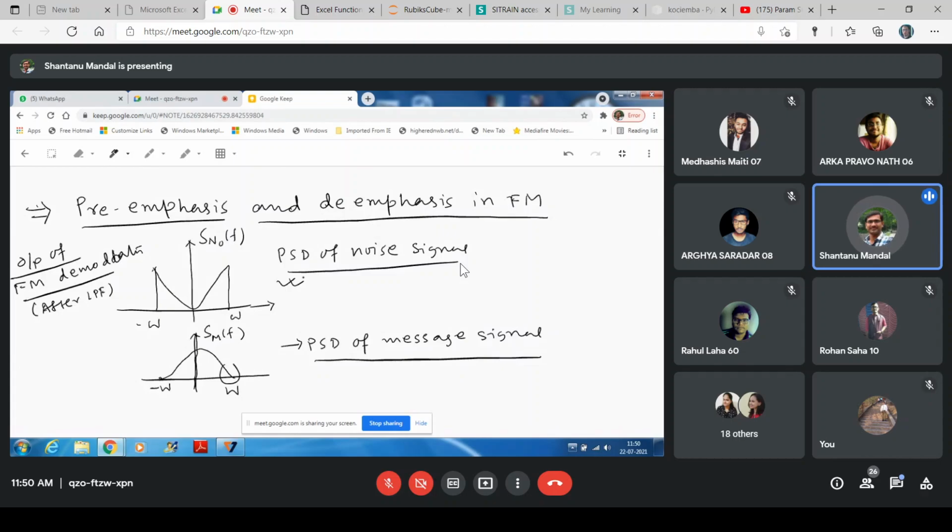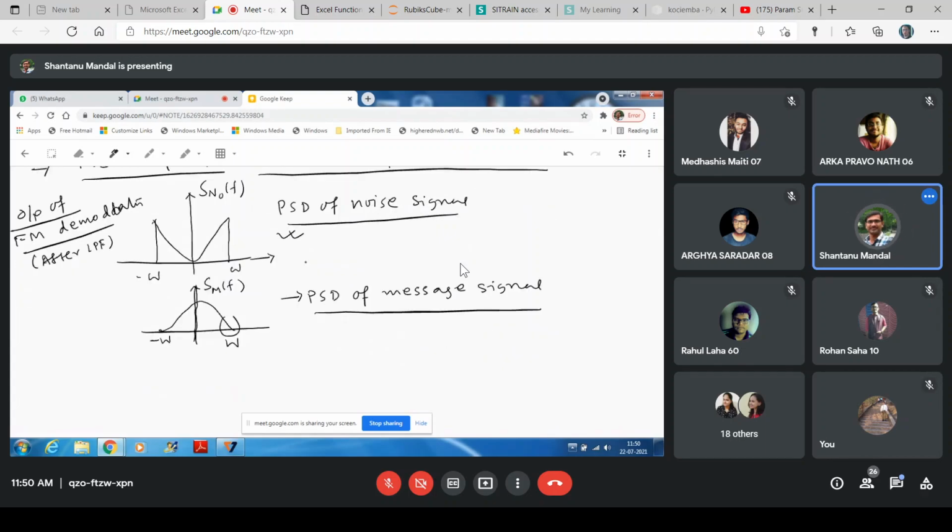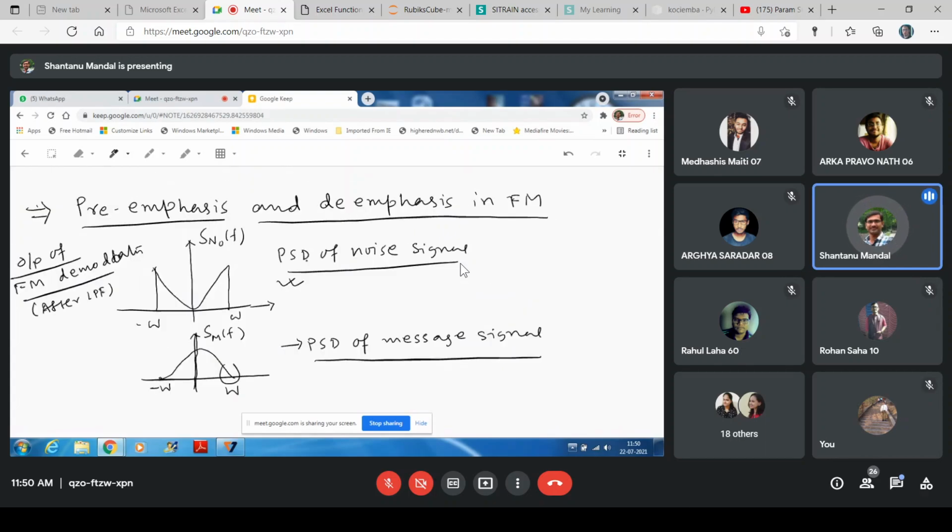Now, to overcome this problem, we artificially boost up the message signal at higher frequency by using a filter, and this filter is known as the pre-emphasis filter.